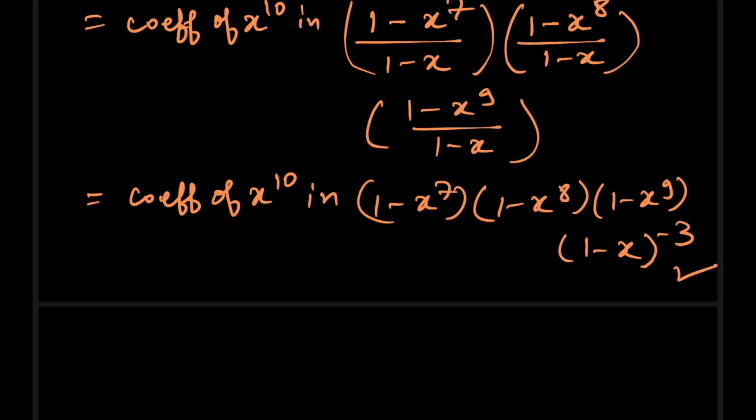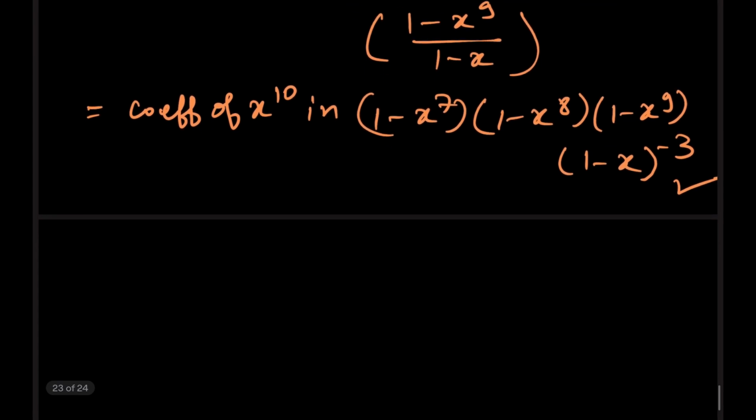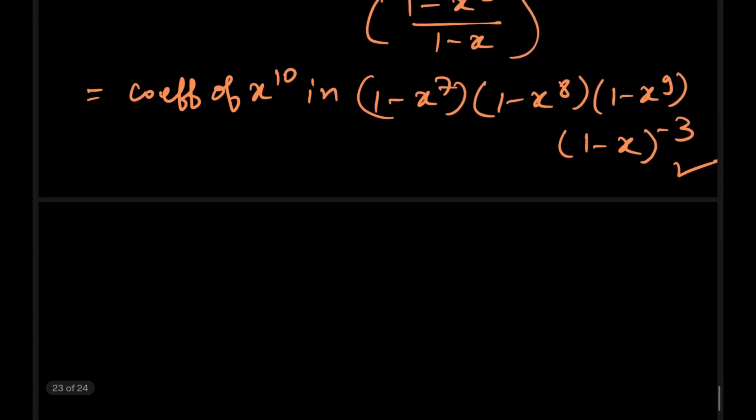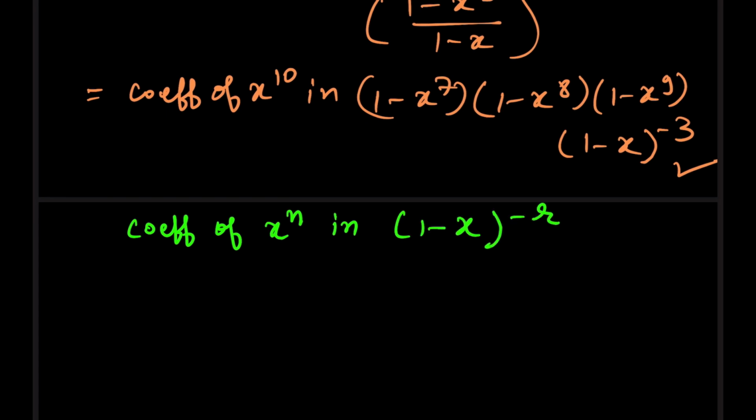Now you have to understand one concept, because if you don't understand it, you will face difficulty. You have to learn that the coefficient of x to the power of n in (1 − x) to the power of minus r is C(n + r − 1, r − 1). So you have to learn this.